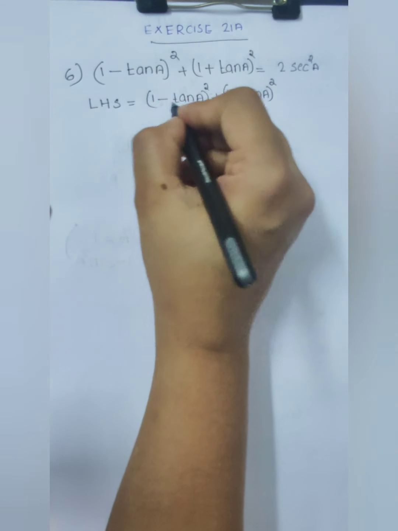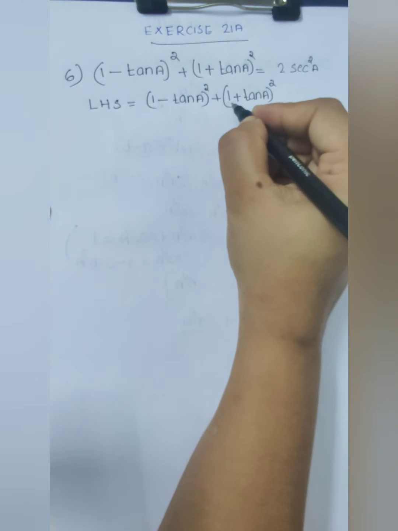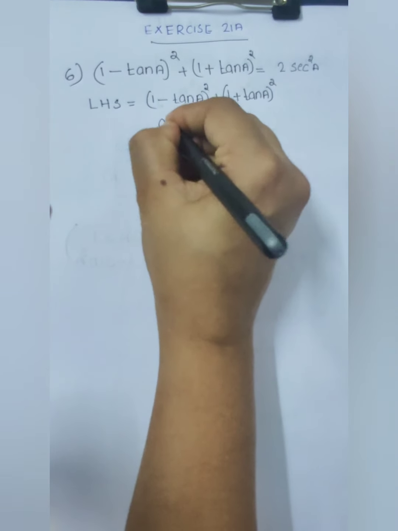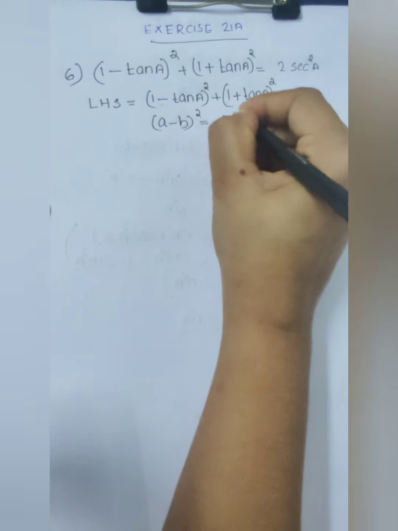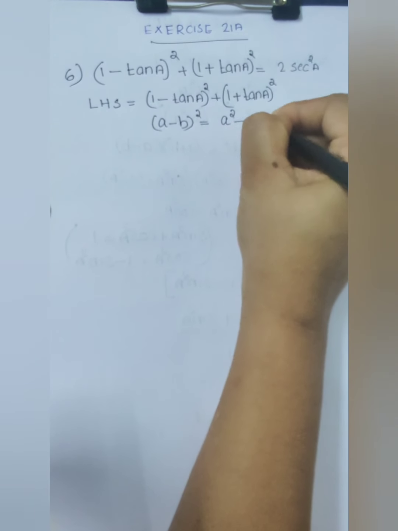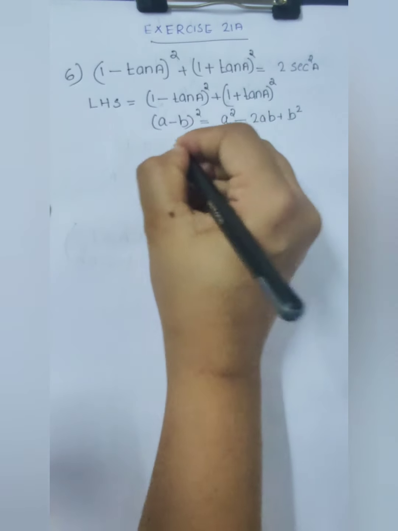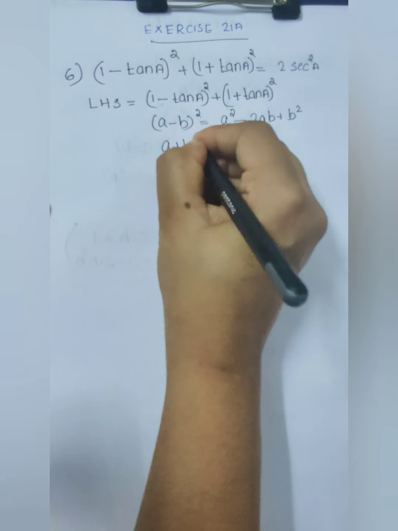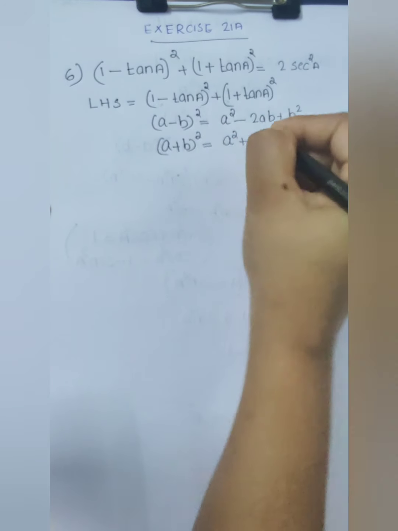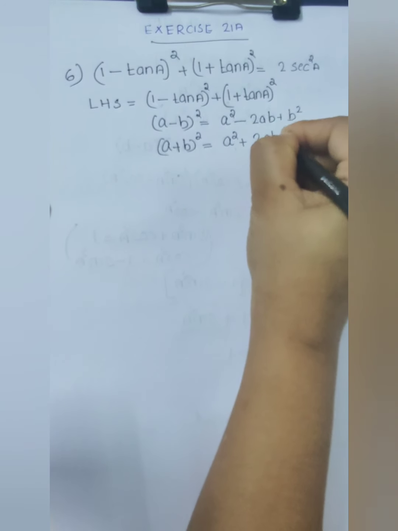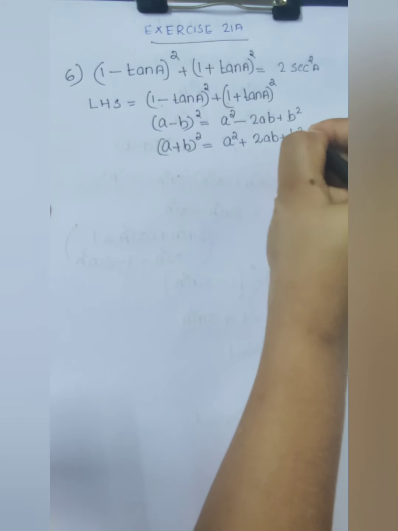This is in the form of a minus b whole square and a plus b whole square. So a minus b whole square equal to a square minus 2ab plus b square, and a plus b whole square equal to a square plus 2ab plus b square.